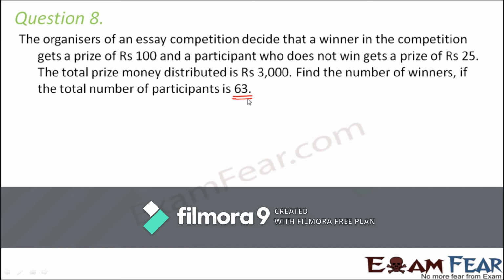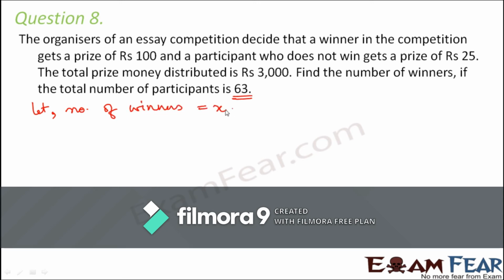So out of these 63, few were winners and the remaining got rupees 25, because all of them got something. Those who won got 100 and those who did not win got 25. So we have to decide how many out of the 63 were winners. Let us say that the number of winners is equal to x.